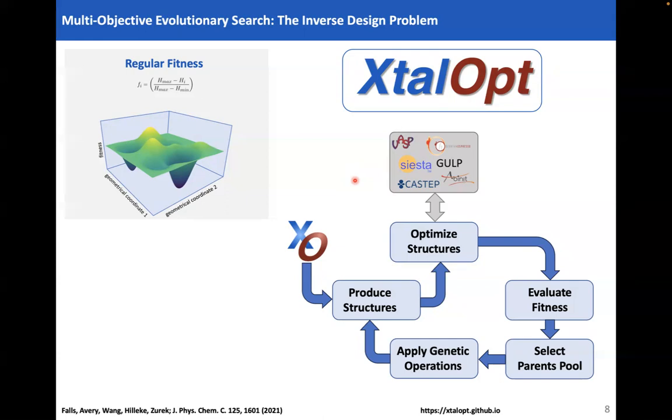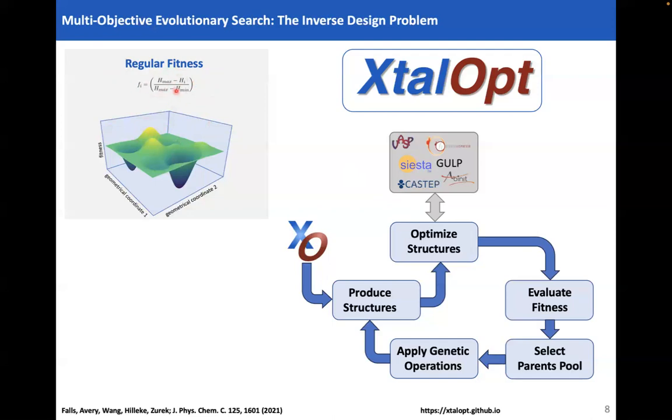In this context, what we tried to do in XtalOpt was to generalize that and make it a general, user-friendly, and easy to use tool set to find materials of some desired property. The way that this can essentially be done is by generalizing the fitness function.